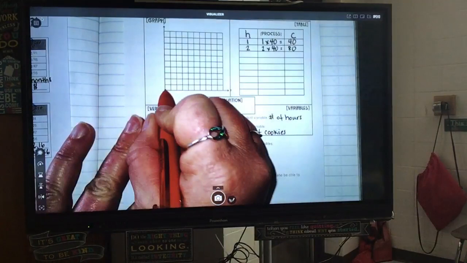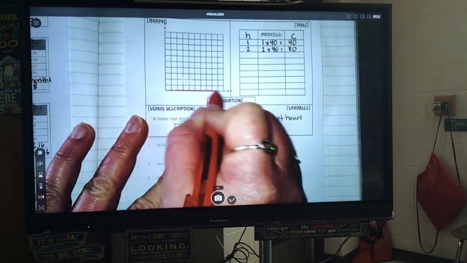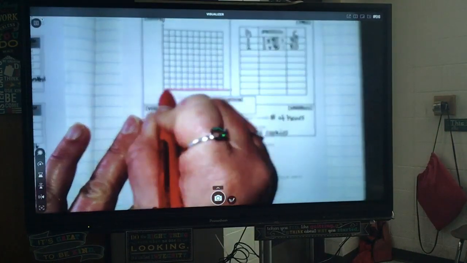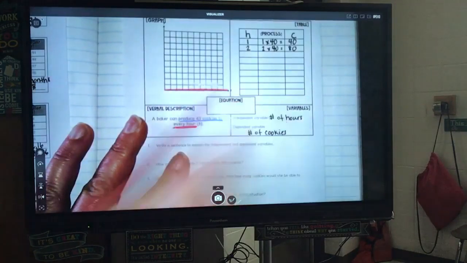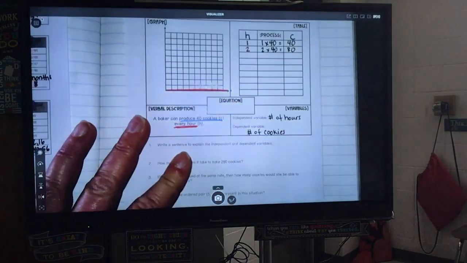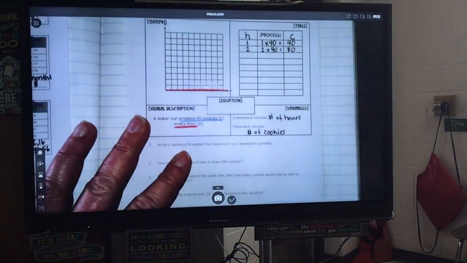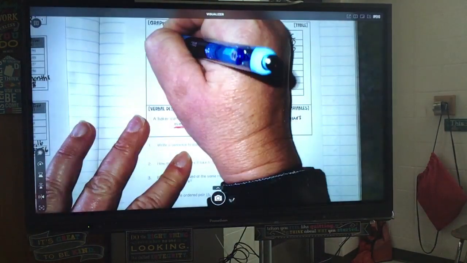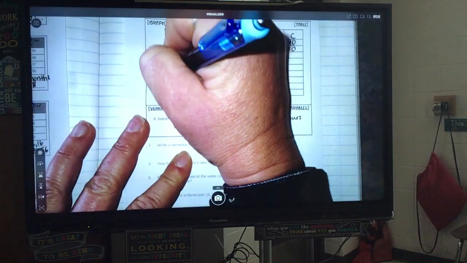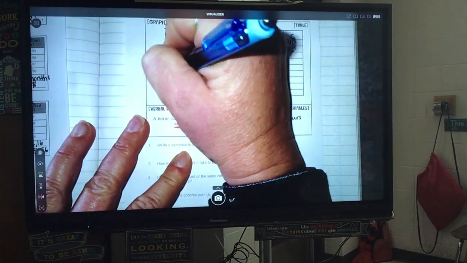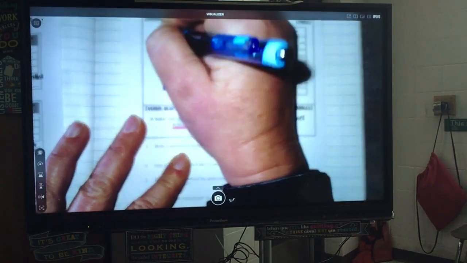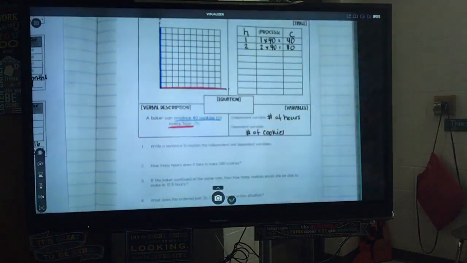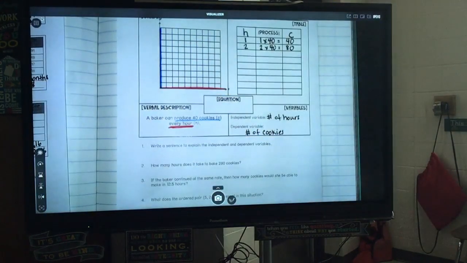So I'm gonna make this line my X coordinate, or my independent variable coordinate color, so that I remember that. I want you to do the same on your paper. Now, obviously, I'm gonna make the Y coordinate my dependent variable color. So again, I'm visually reminding myself which one goes where.